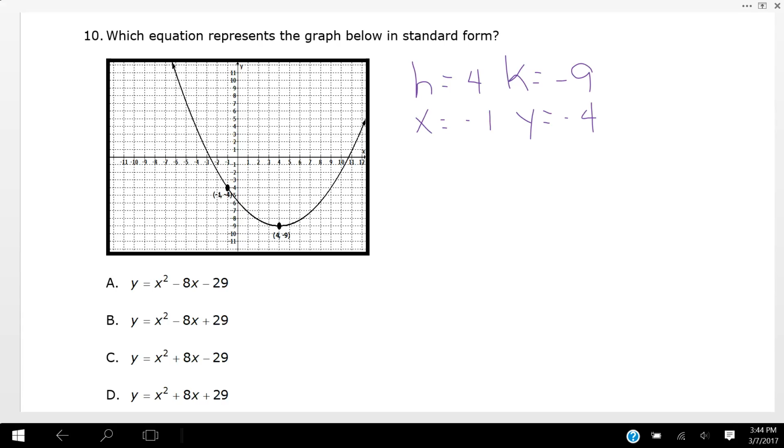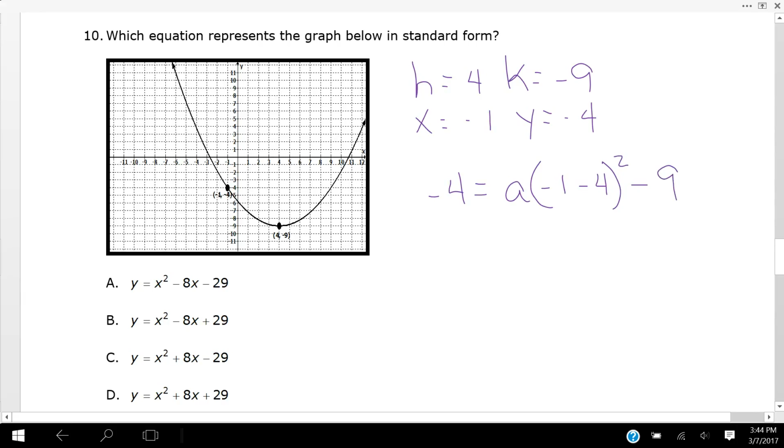Negative 4 equals a times negative 1 minus 4 squared minus 9. Negative 4 equals a times negative 4 times negative 1 minus 4 is negative 5 squared.